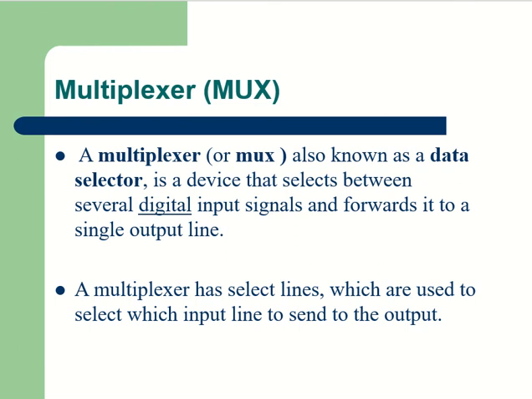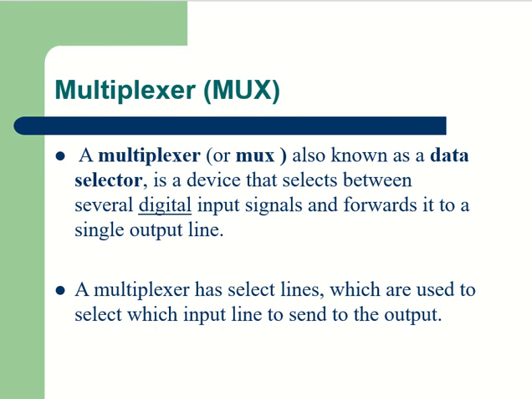Multiplexer is also known as MUX, or we also call it a data selector, a device which selects between several digital input signals and forwards it to a single output line. That is, it has got multiple input lines, and based on the criteria, one of the inputs will be selected as output.